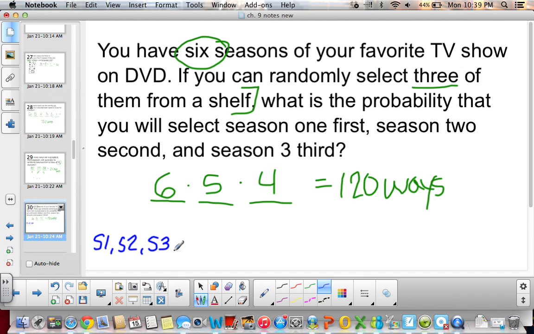There's no other way to write season 1 first, season 2 second, and season 3 third. So that's one way out of 120 ways. So the probability of picking season 1, season 2, season 3 in that order is 1 out of 120.